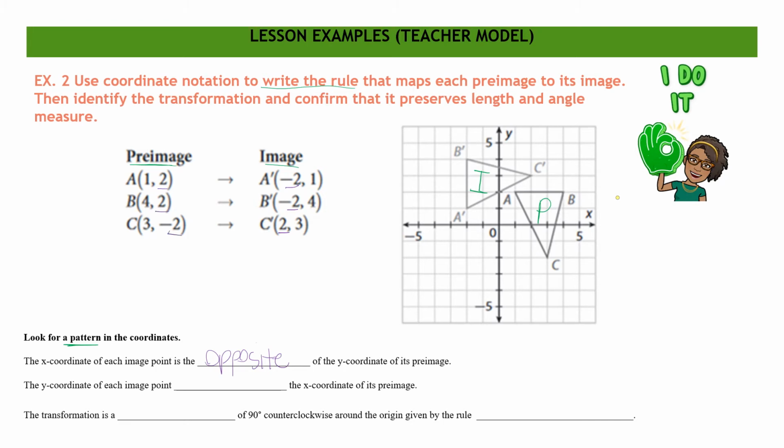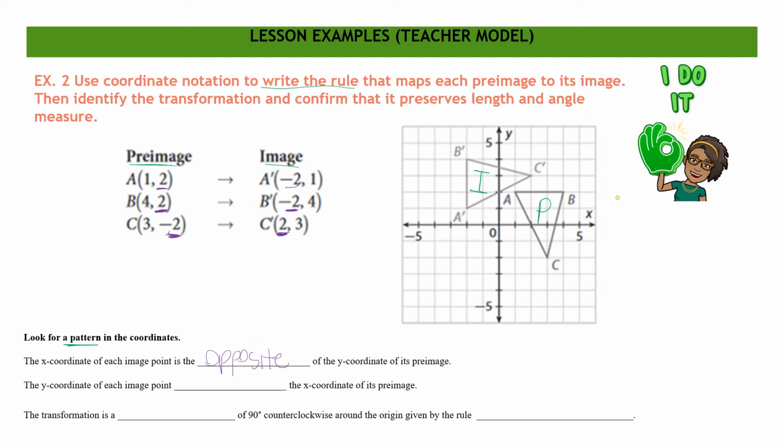So here I got a -2 for my x, but I got a 2 over here for my y. I have a -2 here for my B prime, but I have a 2 here for my B. I have a 2 here for my C prime for x, but I have a -2 here for C for y. So we see that the x and y coordinates are opposite from the image to the pre-image.